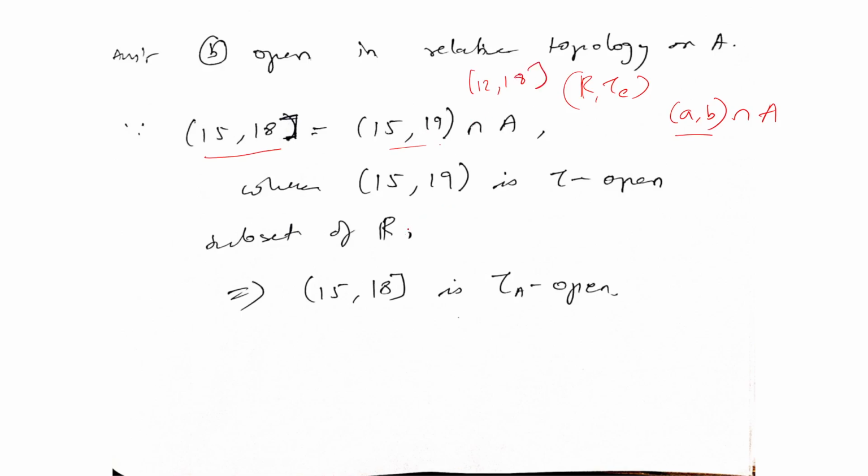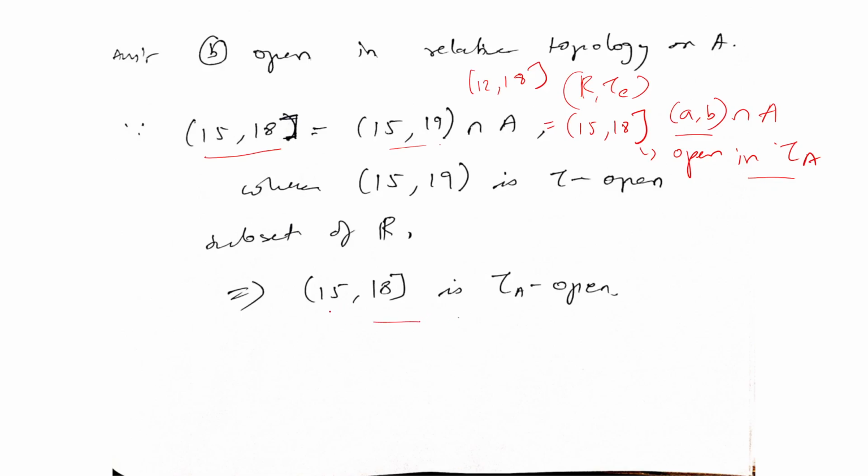When you take the intersection, you get open at 15 and closed at 18. That will be open in tau A, so this is open in the relative topology on A.